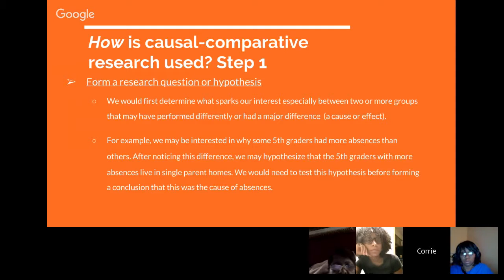For example, we may be interested in why some 5th graders had more absences than others. After noticing this difference, we may hypothesize that the 5th graders with more absences live in single-parent homes. We would need to test this hypothesis before forming a conclusion that this was the cause of the absences.